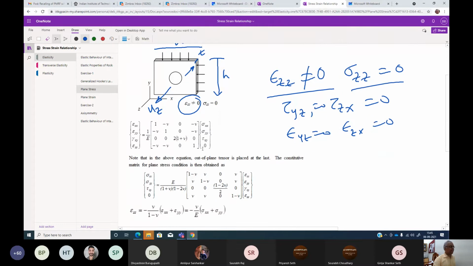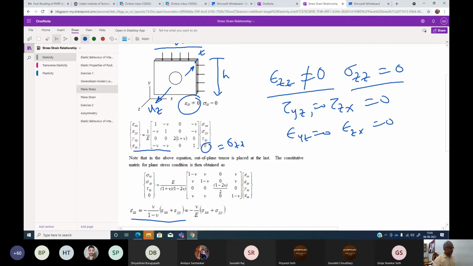Okay, and here you should see, you already put 0 because we know sigma ZZ will be 0. This is sigma ZZ. So if this is 0, now you can see the epsilon ZZ. You can find out what that value is.